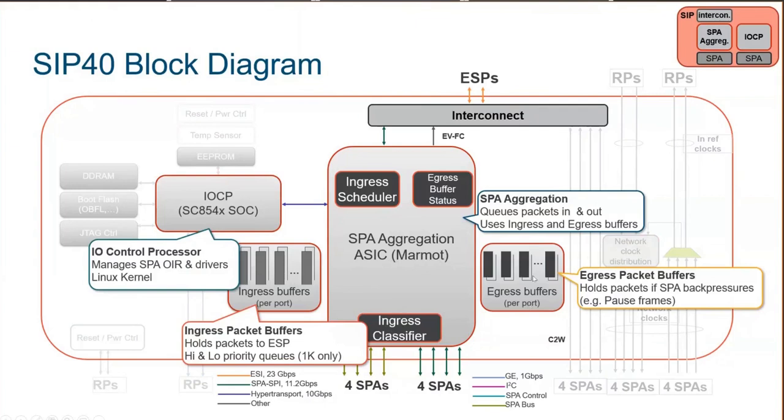The logic for ingress and egress buffers is: ingress packets are buffered here if the ESP is oversubscribed, and if the SPAs here are oversubscribed, the return packets that have to be sent out are stored here in egress buffers. That is the difference between ingress and egress buffers. Are you clear with that? Yes, sir. Okay.